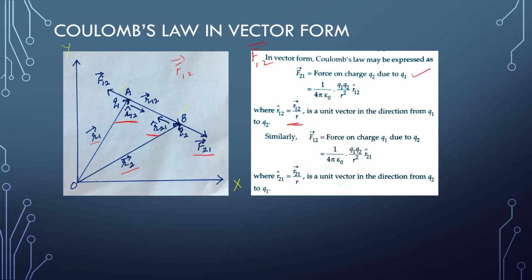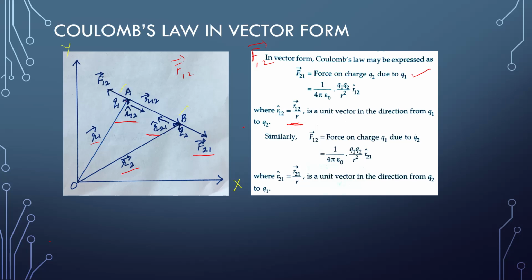Similarly, F12 vector can be written as the force on charge Q1 due to Q2. In this case we will take the unit vector directed from Q2 to Q1, that is 1 upon 4 pi epsilon naught Q1 Q2 upon r square r21 cap, where r21 cap is r21 vector upon r, the unit vector in the direction from Q2 to Q1.